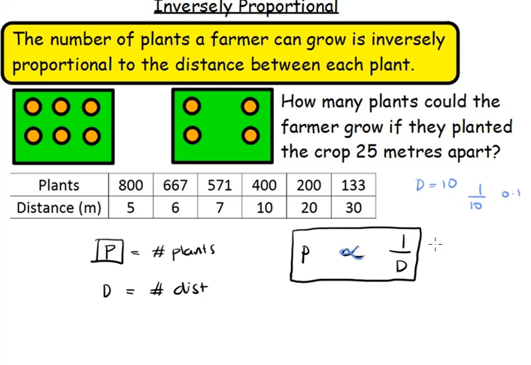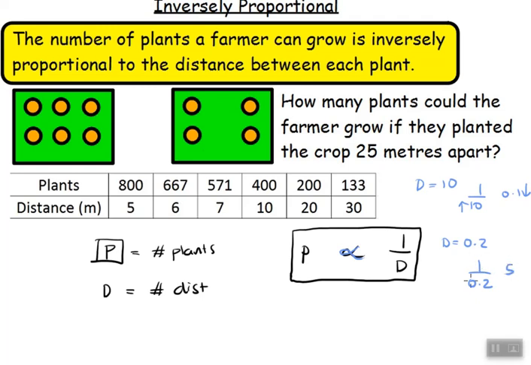And you can see that the bigger the number on the bottom is, 1 divided by that is a very small number. But if I make D equal to something like 0.2, then 1 divided by 0.2 is going to be 5.